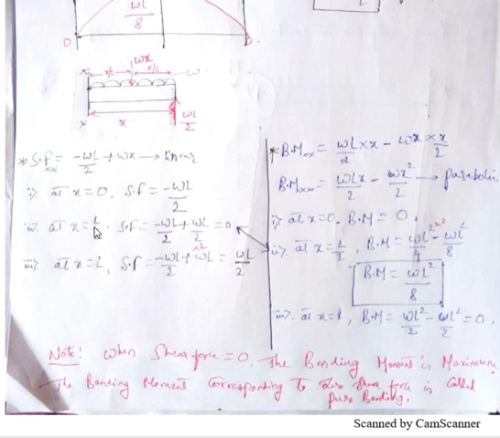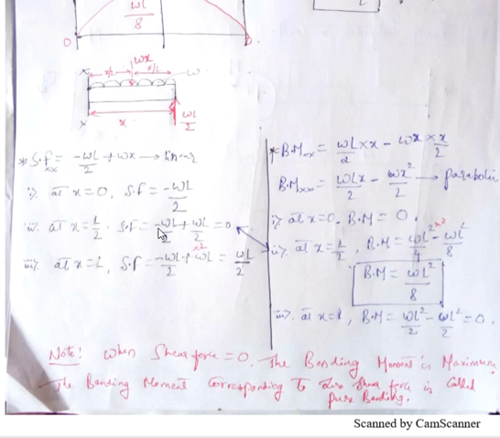I'm putting x equal to L by 2, then shear force will become this minus WL by 2 plus W into, instead of x I am going to substitute L by 2. When I add these two, this will get cancelled and remaining is 0. That means shear force at center is 0.